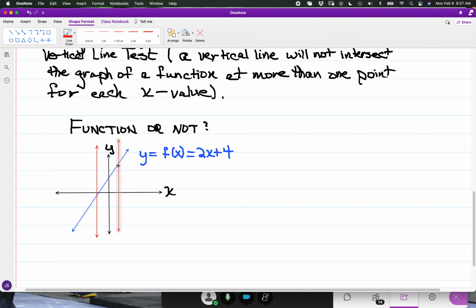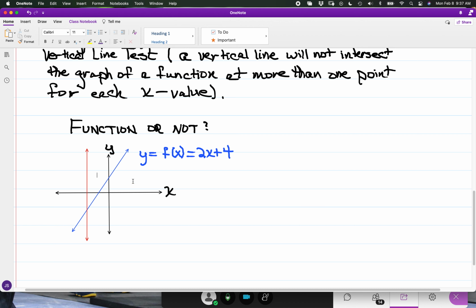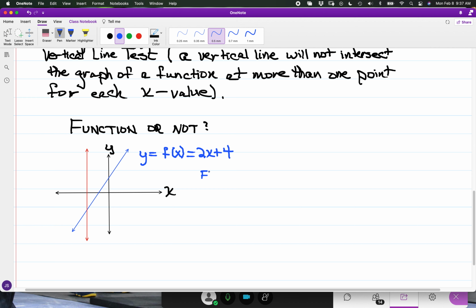Notice that this vertical line is going to intersect at most one point for each x value. So this is going to be a case of a function, y equals 2x plus 4, a function that runs continuously.